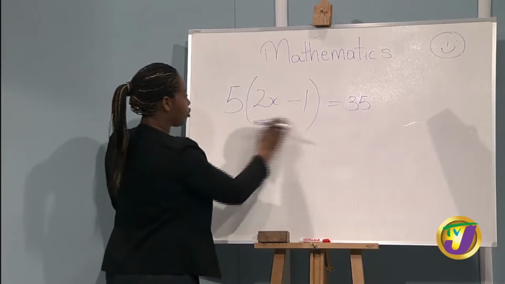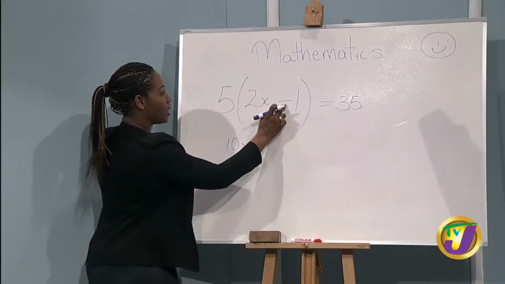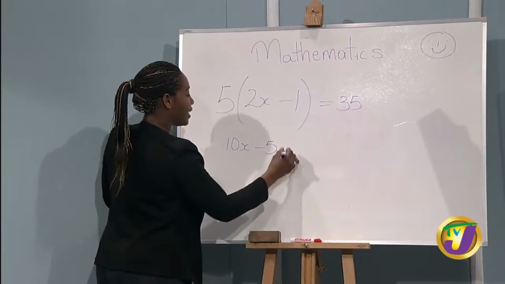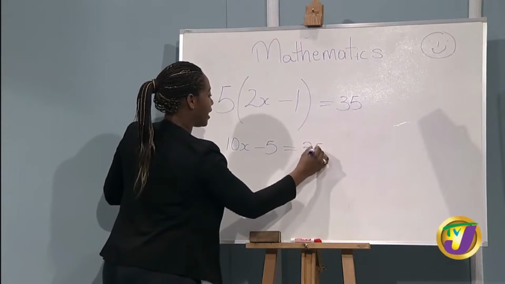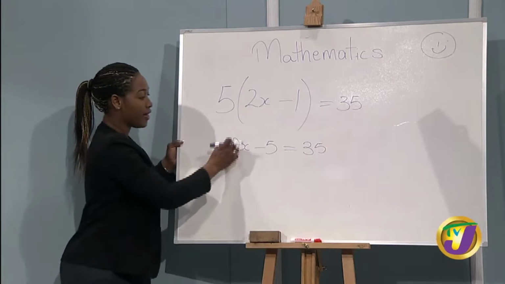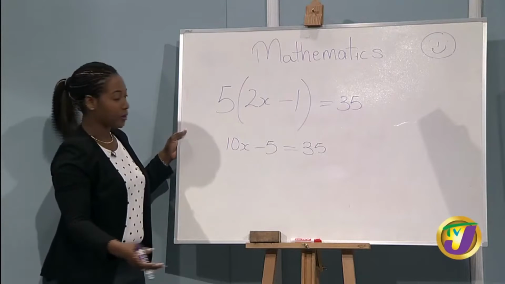So we know that we can distribute 5 through the two terms that are there. 5 multiplied by 2x gives us 10x. 5 multiplied by negative 1 will give us negative 5, equal 35. Whenever we're working with algebra, the key is to find the unknown, and we're going to undo what was done to the variable.